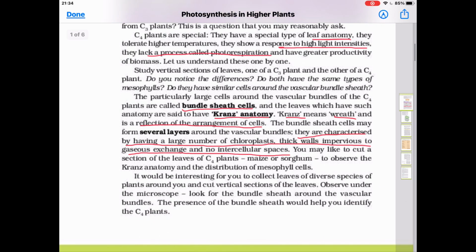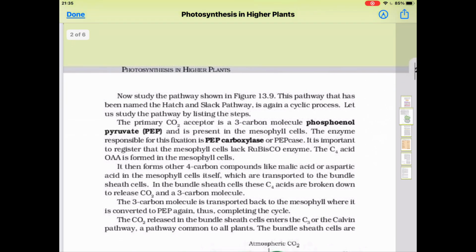Now, in the bundle sheath, the C3 cycle is there. The C3 cycle takes place in the bundle sheath and the C4 cycle takes place in mesophyll cells. In the bundle sheath, rubisco enzyme is in excess quantity. The bundle sheath cells are rich in rubisco enzyme.